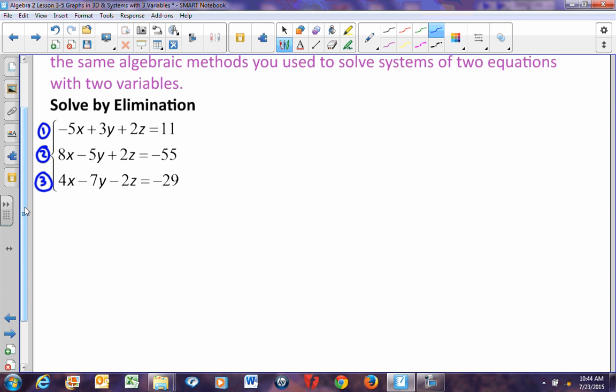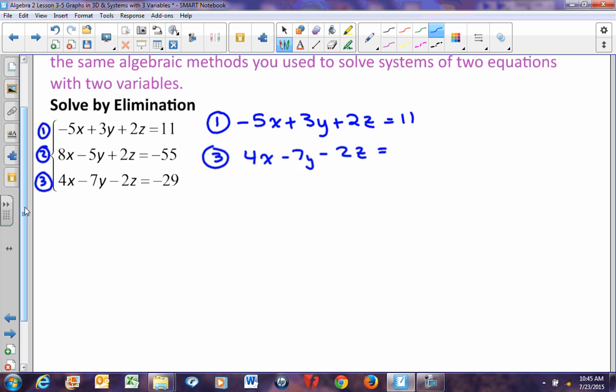For example, I'm going to take equation 1 and 3. Equation 1 is negative 5x plus 3y plus 2z equals 11, and equation 3 is 4x minus 7y minus 2z equals negative 29.